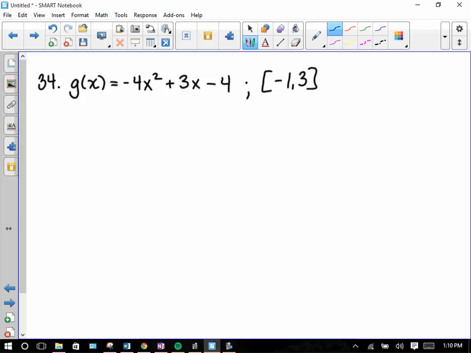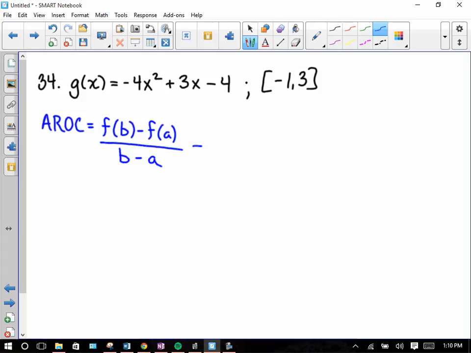So the first thing that you need to remember is that in order to find the average rate of change, you must remember average rate of change is equal to f of b minus f of a divided by b minus a.